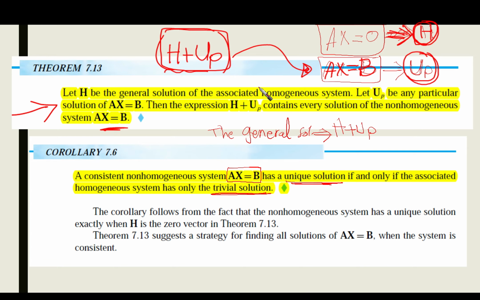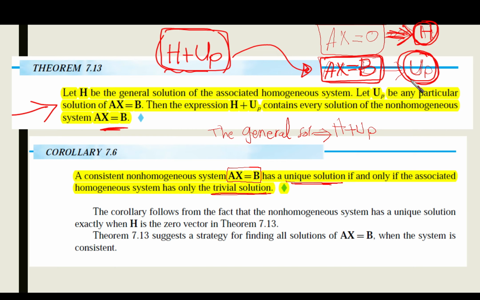Take care, we have different types of solutions for the non-homogeneous system. We have a particular solution, which means it is only one solution for a specific case. We call it UP. But this is not a general solution. It is a particular, specific solution.